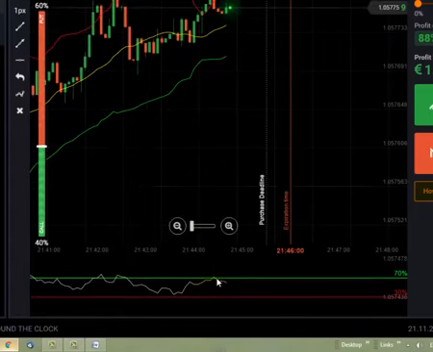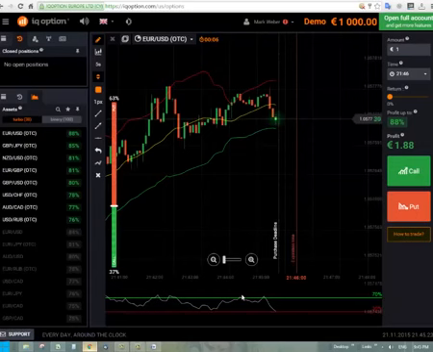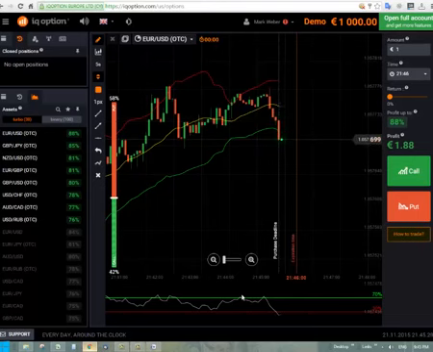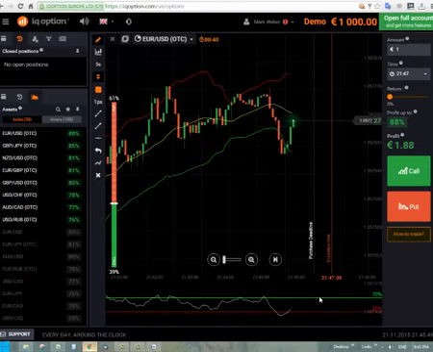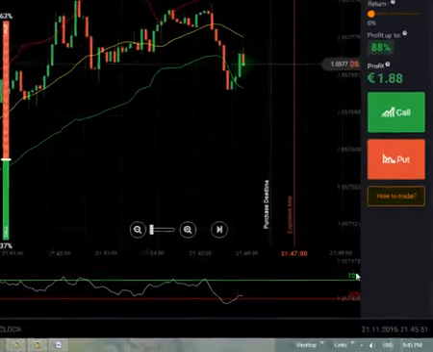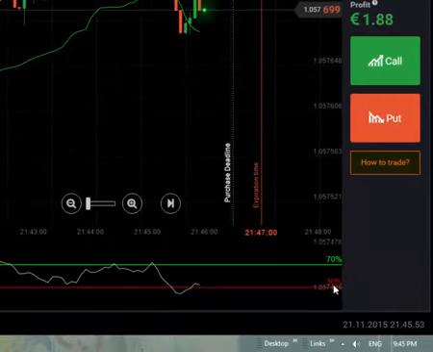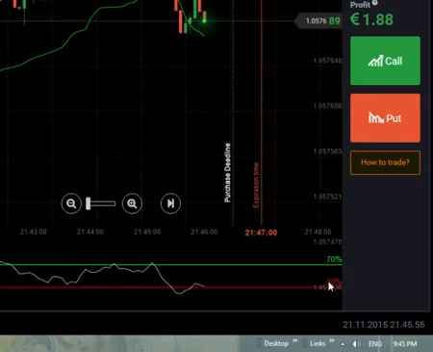What we see here, first of all, what is the RSI? What is relative strength index or indicator? It is a technical momentum indicator that compares the magnitude of recent gains to recent losses in an attempt to determine overbought and oversold conditions of an asset. As you can see, on the RSI there are two lines. The first line is 70% and the bottom line is 30%.